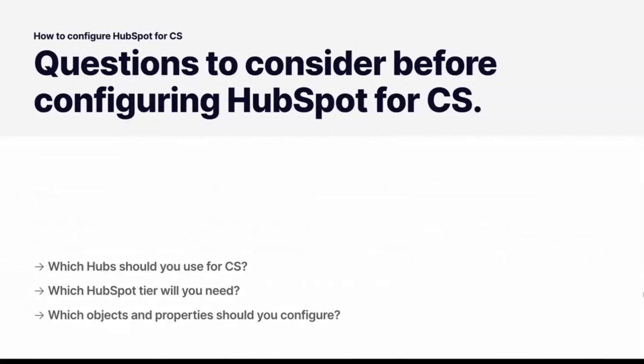Anything that you're going to need for customer success-specific reporting, and then any context which you want to have about that customer. That could be things like persona, use case, and, as I already mentioned, desired outcomes. Things like that are going to be custom properties that you're going to want to add to whichever objects you're configuring.